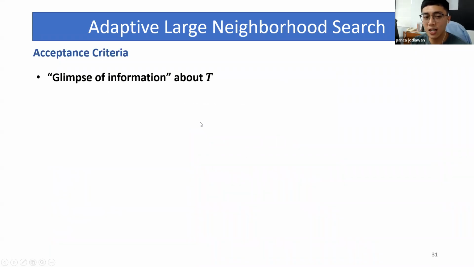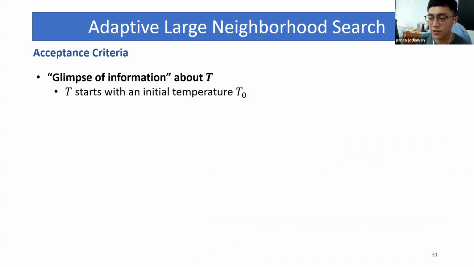Okay, now I will not talk much about how to tune the parameter, so I will just give a glimpse of information about the T, or the temperature. First, we don't know, right? We suddenly talk about T, but where does the T come from? The T starts with an initial temperature T0. In the pseudocode or in the framework that I have posted in the earlier slide, the T starts with T0.